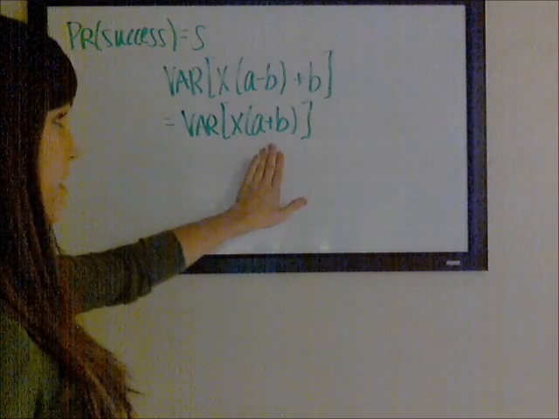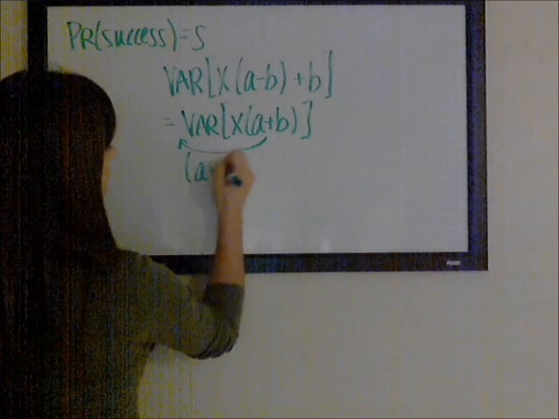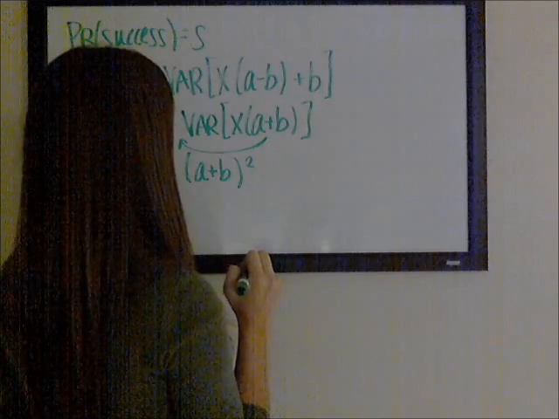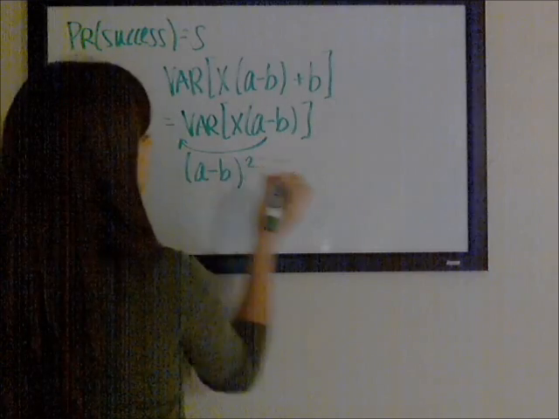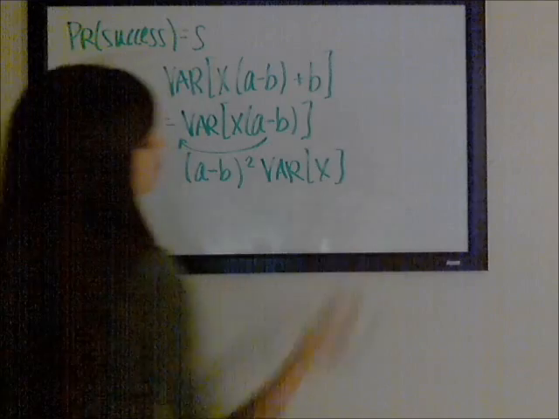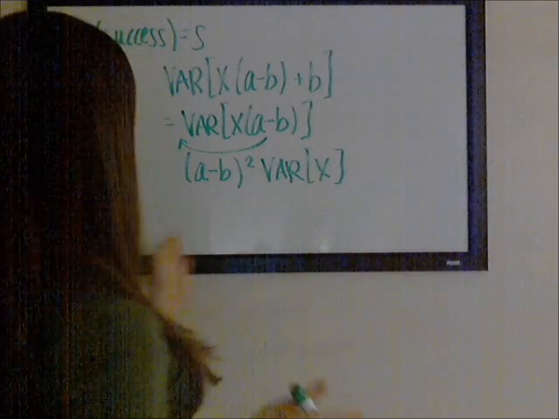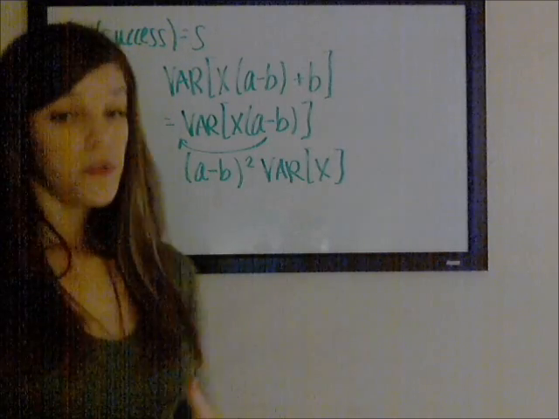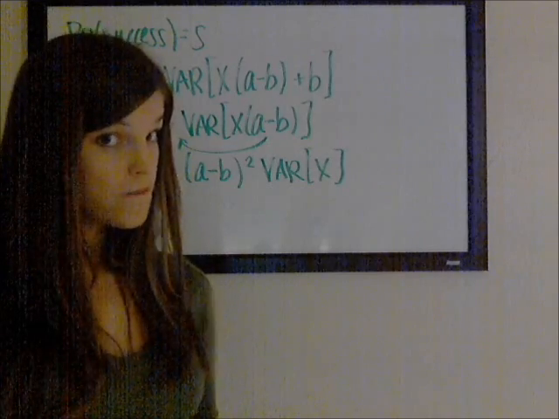A minus B is a constant, so I'm going to pull that out and square it. We're left with (A minus B) squared times the variance of x, where x is our Bernoulli random variable that's either going to be 0 or 1 with some probability S. The variance of a Bernoulli random variable is the probability of success times the probability of failure.